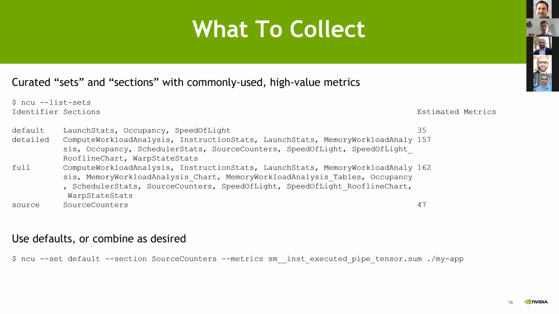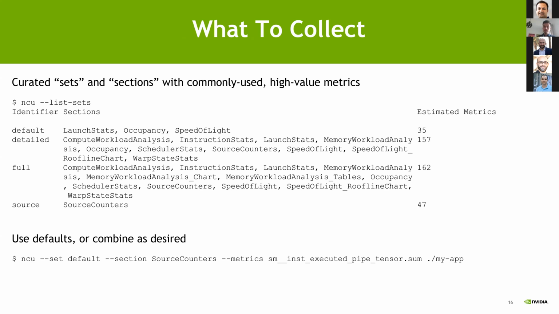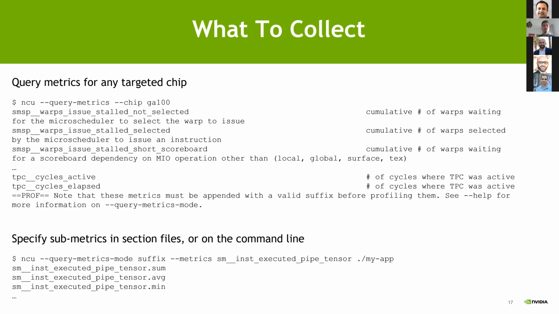So you can combine them as you like. If you want to specify individual metrics, like in this example, then you might need to look up which metrics are available first. One good way to look them up is to use those section files, because as I said, we decided already that those are high-value metrics, and they also have very user-friendly names.